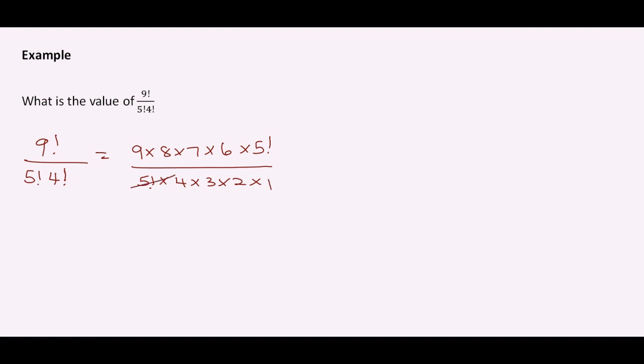So the 5 factorial crosses out. 3 times 2 crosses out 6. 4 crosses out 8. We have 2. So this is going to be 9 times 2 times 7, which is 18 times 7, which is 126.